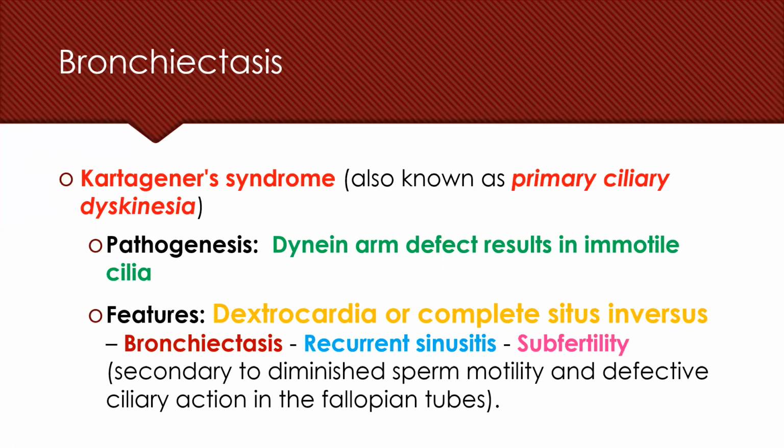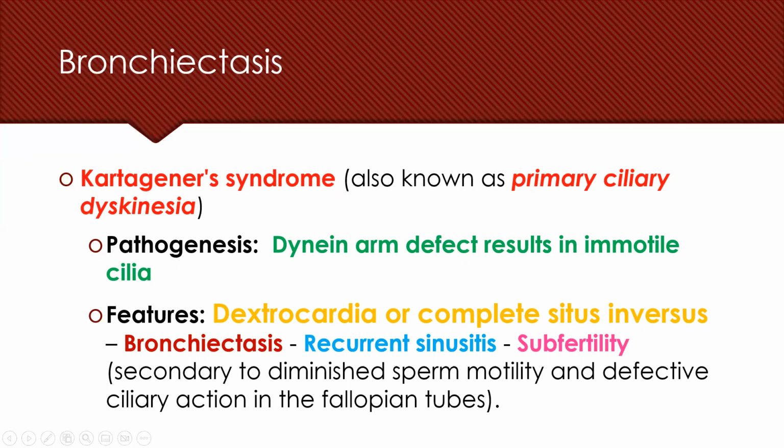But in Kartagener syndrome, we find defective or immobile cilia due to a defect in the dynein arm. The dynein arm is a particular structure of the cilia that helps its motility. By the absence of this dynein arm, there will be a defect in the motility of the cilia, leading to immotile cilia. Features include dextrocardia or complete situs inversus.